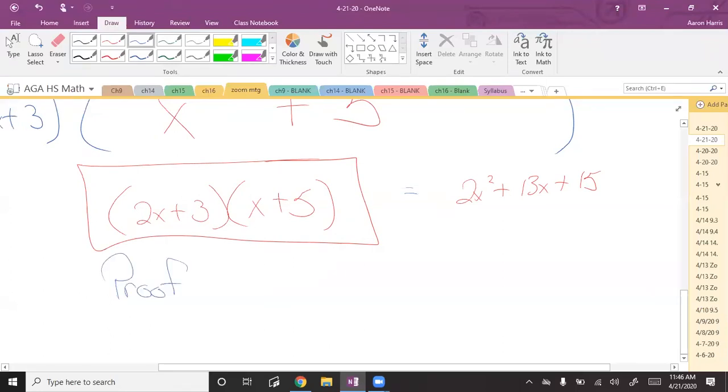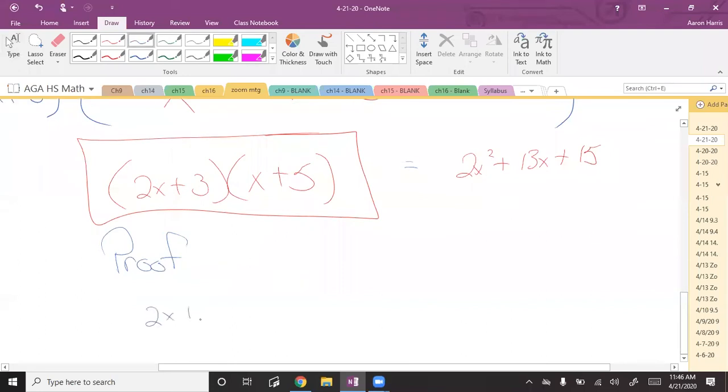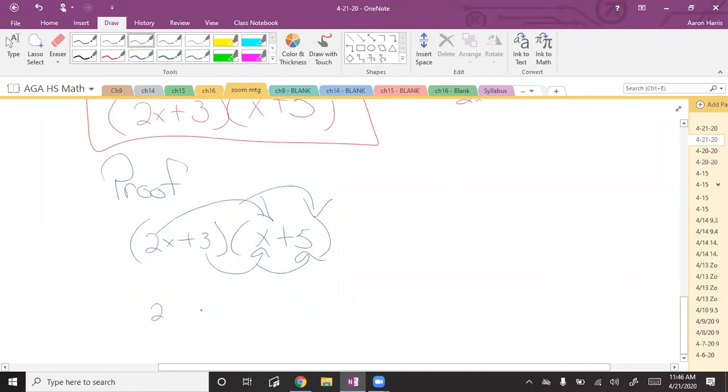We're going to take 2x plus 3 and multiply it by x plus 5. This is called FOIL, correct? Yes. So 2x times x plus 2x times 5 plus 3 times x plus 3 times 5.